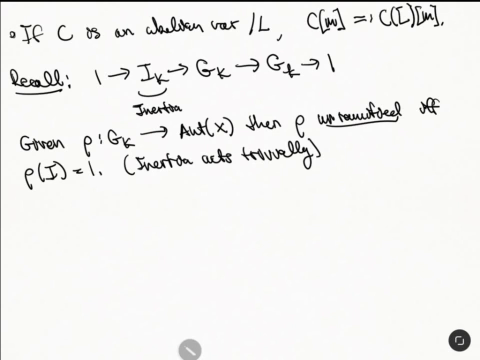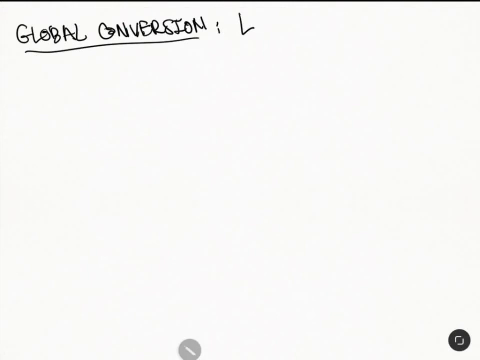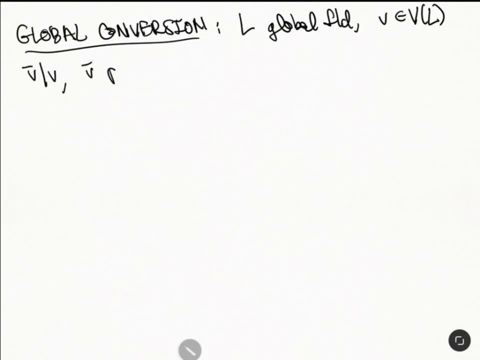Okay, so for the global situation, just a little bit about global conversion here. So let's take L to be a global field. Okay, and we'll take v, a finite place of L, and then we'll take v-bar to be a place over v, so v-bar is a place of L-bar.